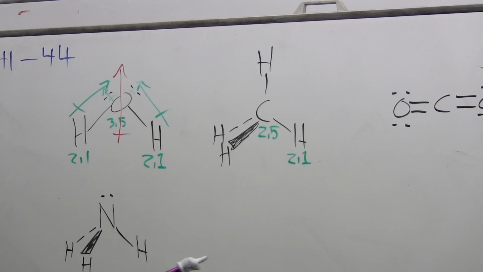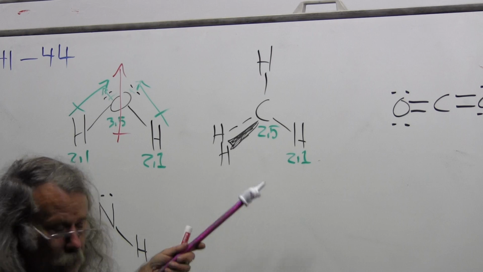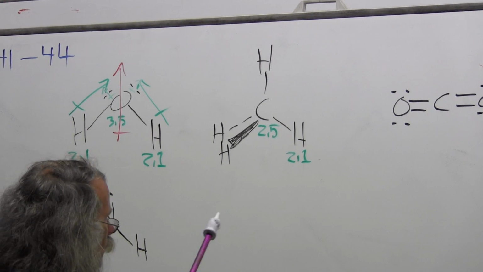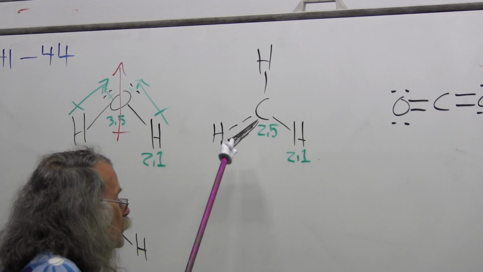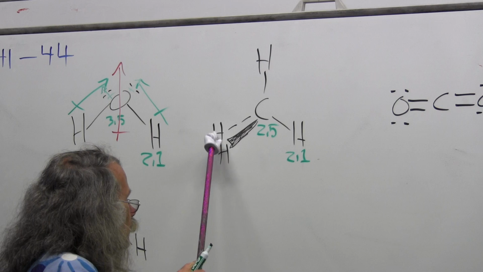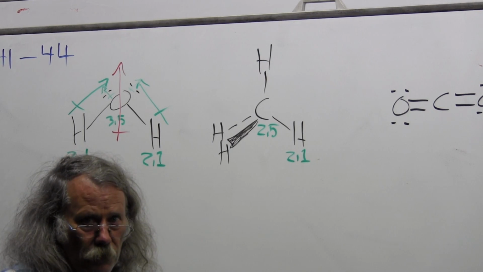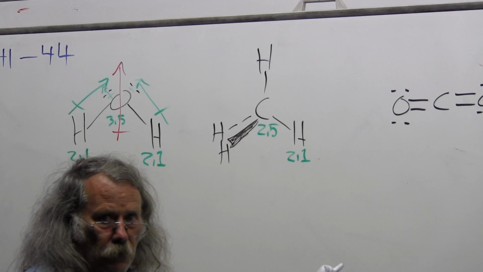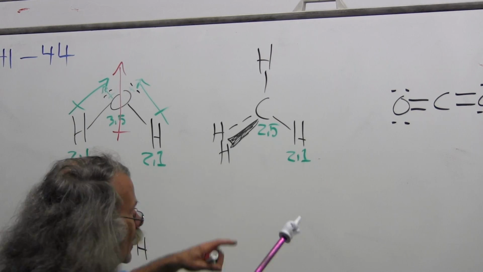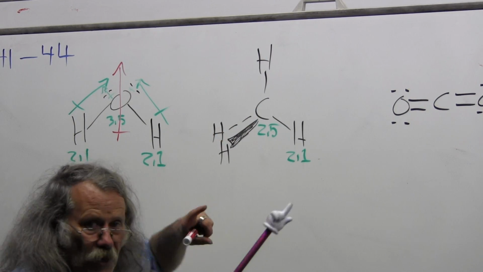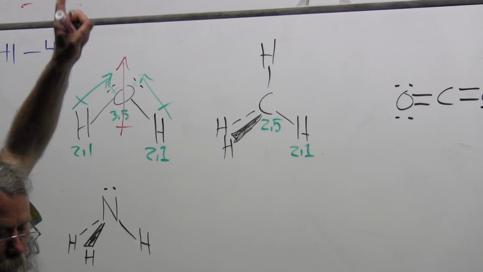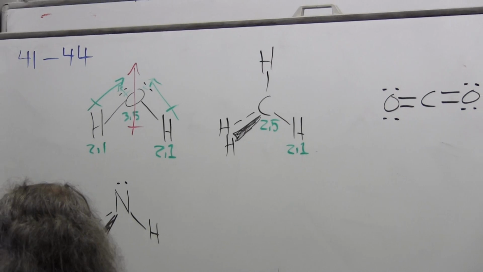But if there was a difference greater than 0.4, and we had to take the geometric considerations into account, if all of these atoms in the hydrogen positions are equivalent, for example fluorine, which would be huge, the geometry would be such that the dipoles would all cancel because they're tetrahedrally disposed. I have one here and one there, and then two here and two there.